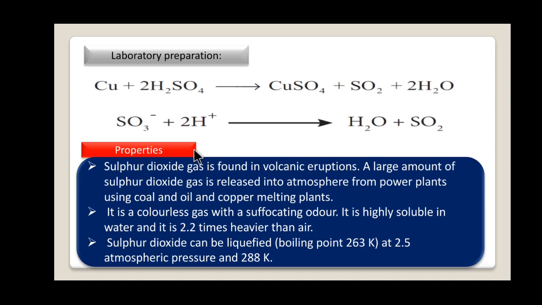Now the properties of sulfur dioxide. Sulfur dioxide gas is found in volcanic eruptions. A large amount of sulfur dioxide gas is released into the atmosphere from power plants using coal and oil, and from copper melting plants.